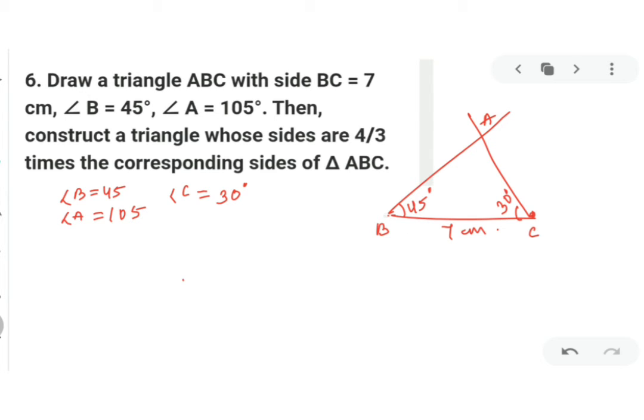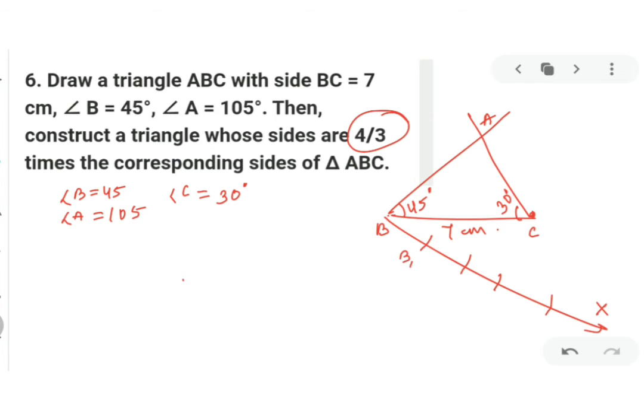Now below BC you have to make a ray. You can put the name BX. And now you have to locate 4 parts of it, because the ratio is 4/3 and we make parts equal to the highest number. So you can go for 4 equal parts: 1, 2, 3, 4.